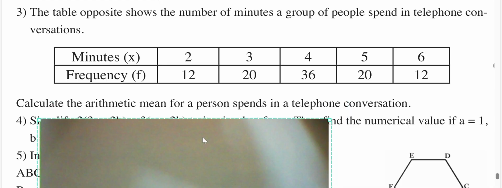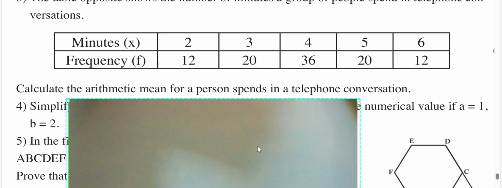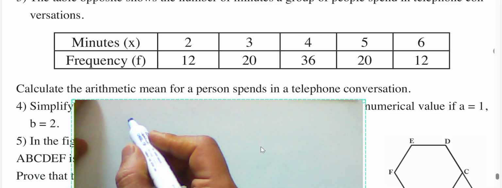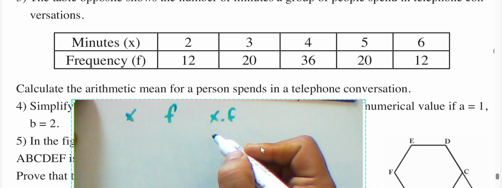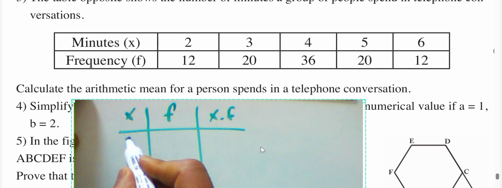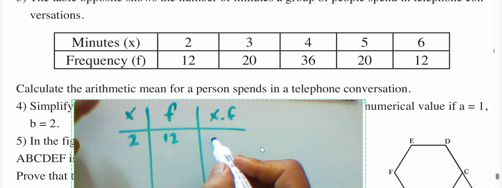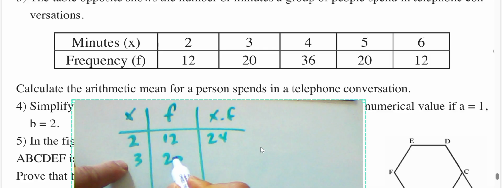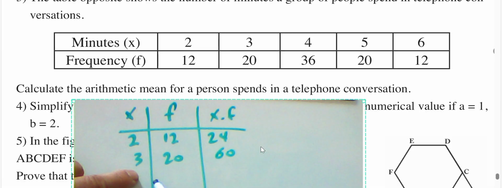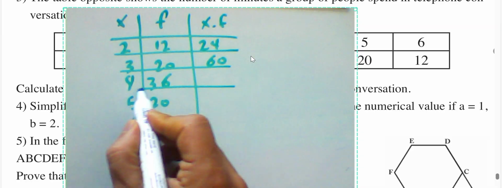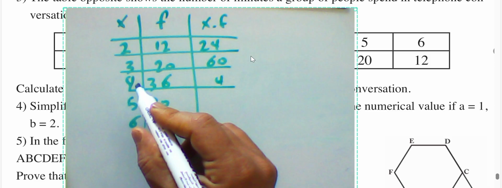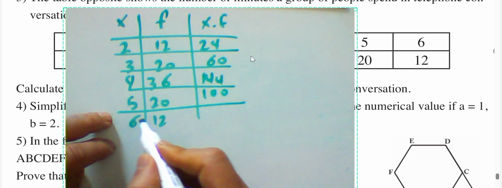We want to calculate the arithmetic mean of time a person spent in telephone conversation. We draw the table with x, frequency, and the product of f and x. 2 times 12 is 24, and 3 times 20 equals 60, and 4 times 36, and also 5 times 20, and 6 times 12. 4 times 6 is 24, write 4 and carry 2. 3 times 4 is 12 plus 2 is 14, so 144. 5 times 20 is 100. 6 times 12 is 72.